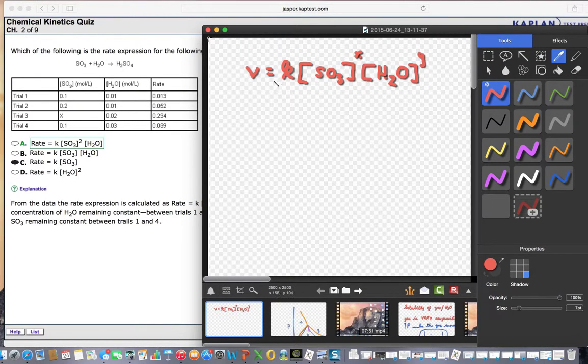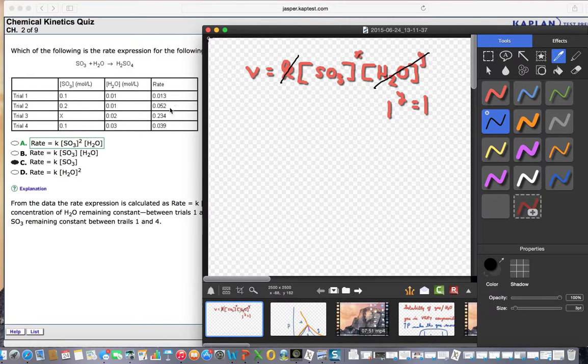We're just going to conveniently forget about the rate constant for a moment. And H2O's concentration doesn't change, and 1 to any power is equal to 1. That effectively removes K and removes H2O to the Y from our analysis between experiments 1 and 2.